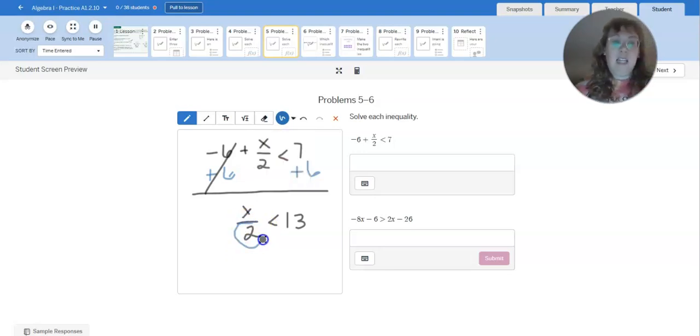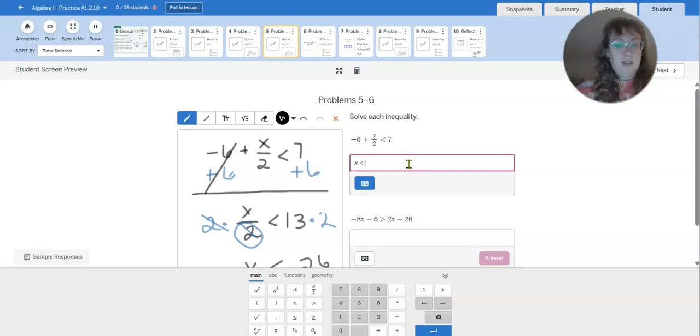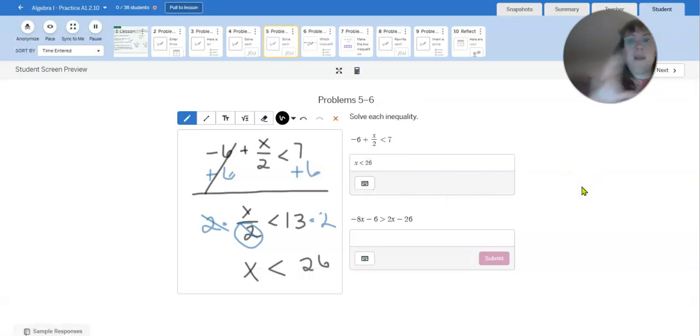Opposite of dividing by 2 is multiplying by 2, so the 2 divided by 2 will cancel. Beautiful. And we're left with x is less than 13 times 2, which is 26. Make sure you're typing the whole inequality in.